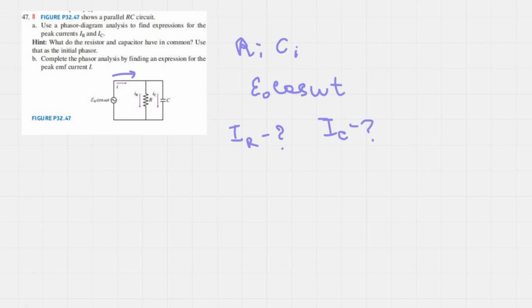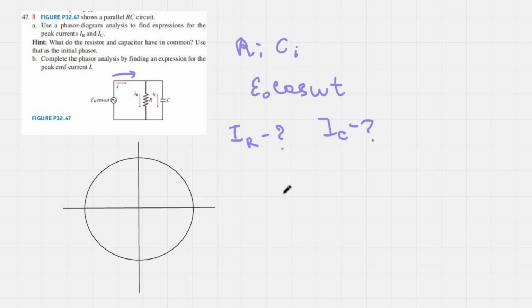So let me first show this on the phasor diagram. Let me draw it. In a parallel circuit, the components have the same potential difference. As I said, the voltage phasor of both the resistor and the capacitor matches the phasor of the EMF.